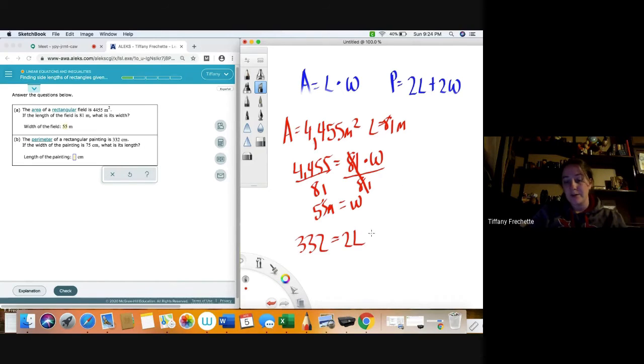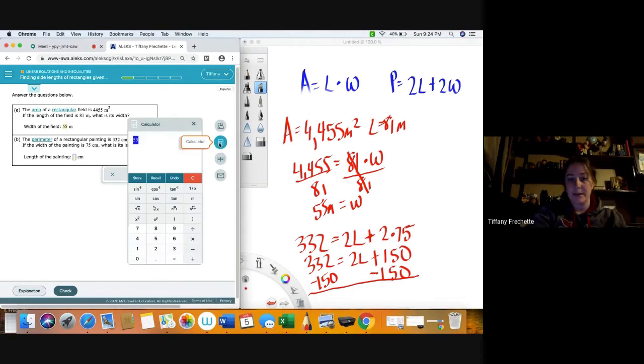So we know we're going to have 2L plus 2 times 75. So then we go 332 equals 2L plus 2 times 75 is 150. We're going to subtract 150 from both sides, just like we would in a normal equation when we're trying to solve for a variable. We want to get the L all by itself.